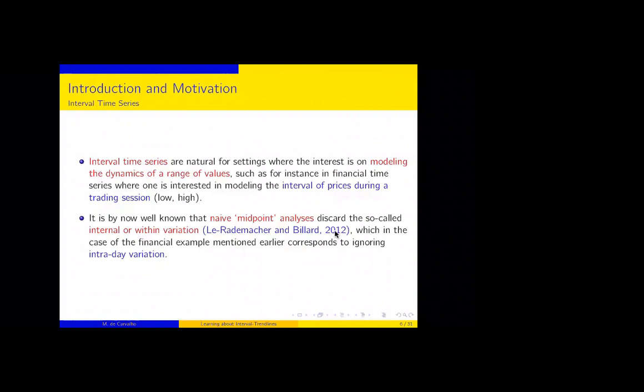But any naive midpoint analysis will simply be ignoring the intraday variation of temperatures over time. And the literature is essentially aiming to target precisely these kinds of problems where you want to model the dynamic of a range of values.